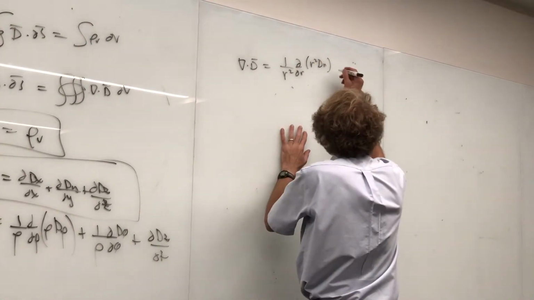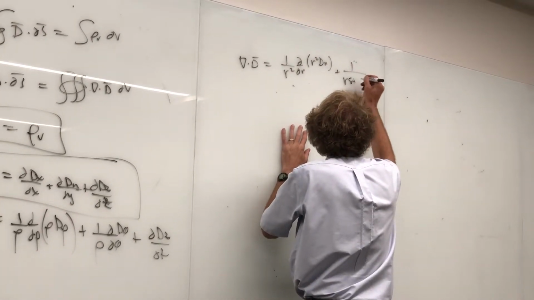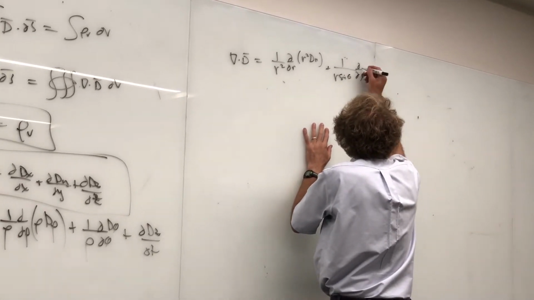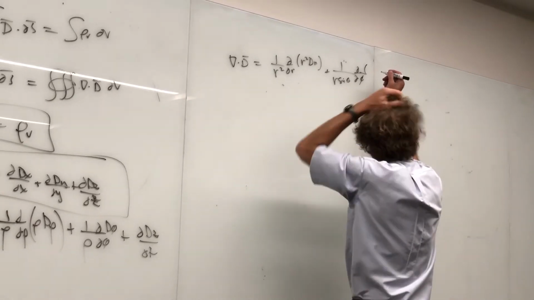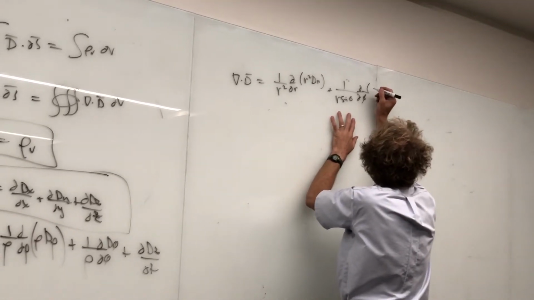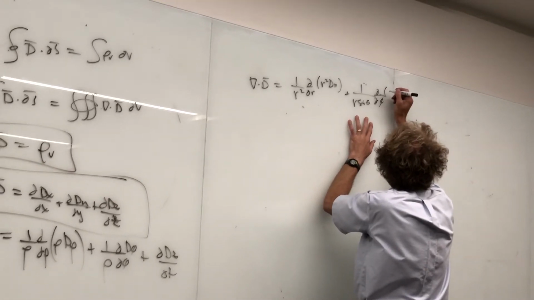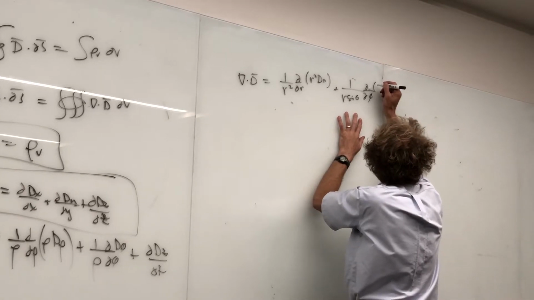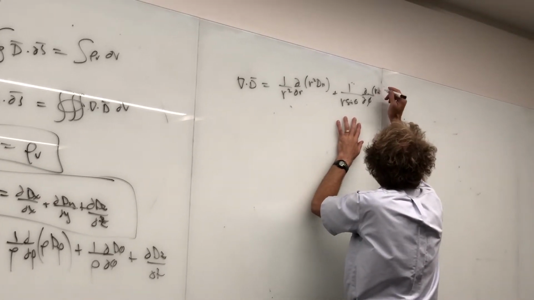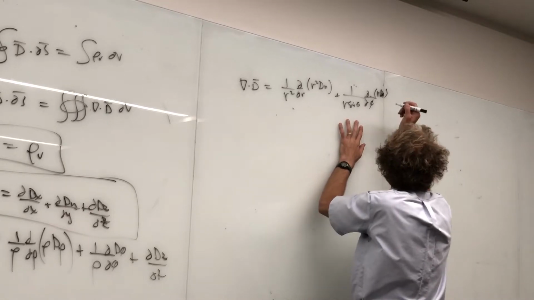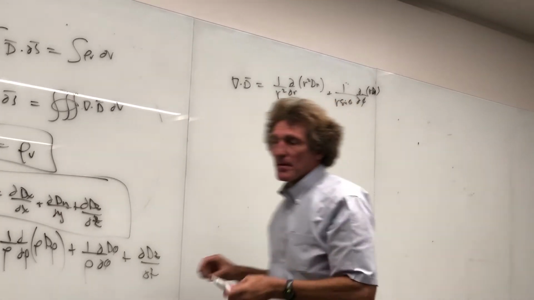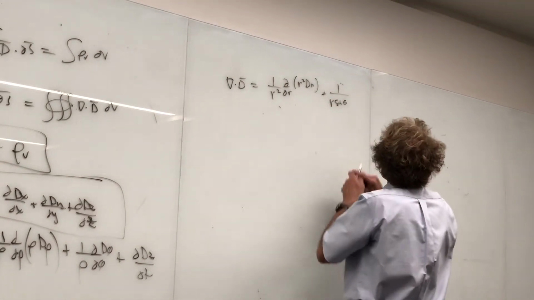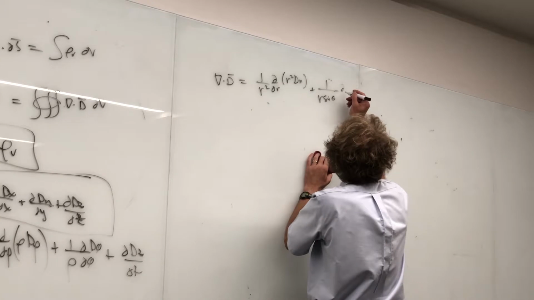Then he's going to have plus 1 over r sine theta, and this is going to be d theta here, of sine theta times the theta component. He had 1 over r sine theta d theta. Oh, he's got theta first, sorry, all right. I put phi first, so d theta.